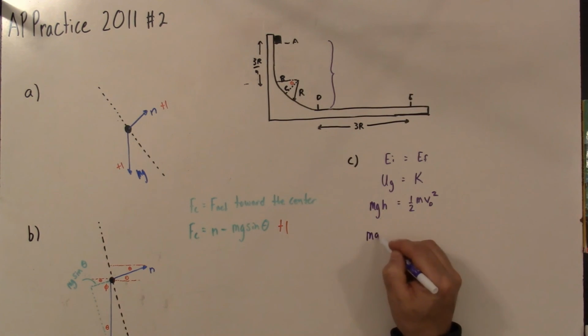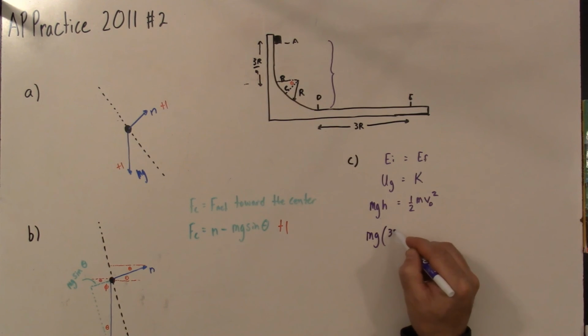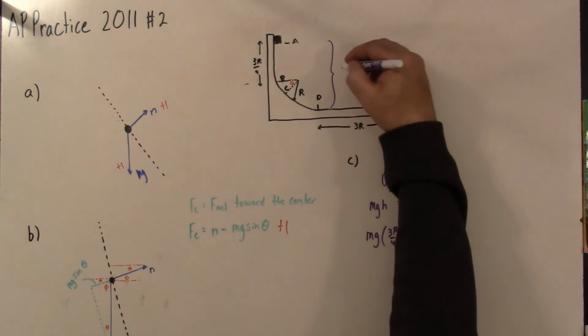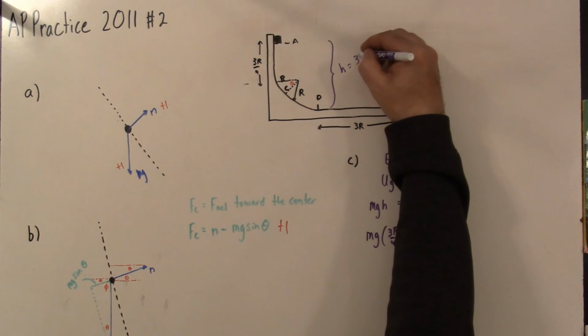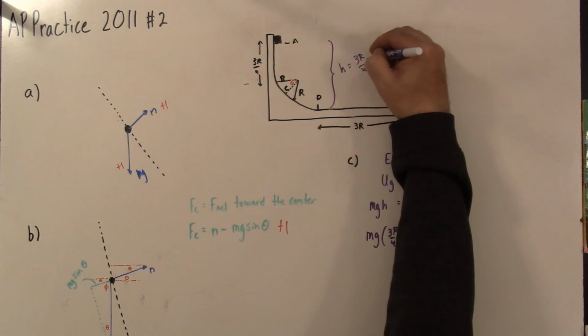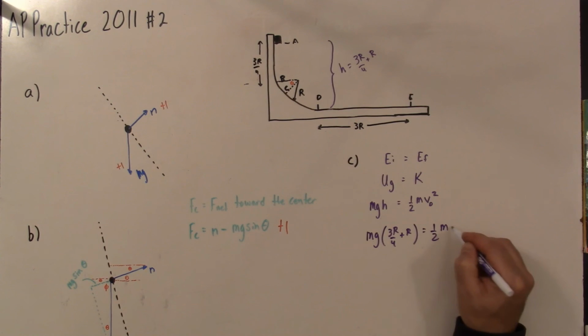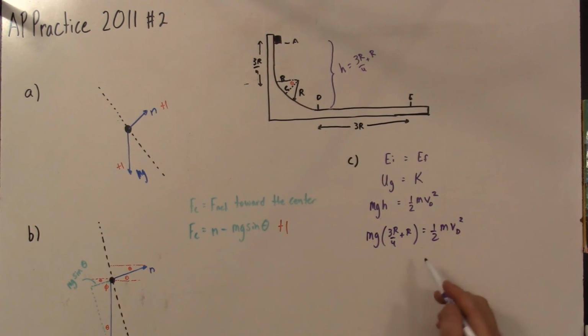So mg times (3/4 r plus r) is equal to 1/2 mv at D squared. The m's disappear.